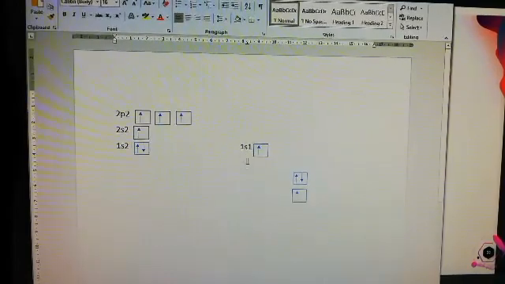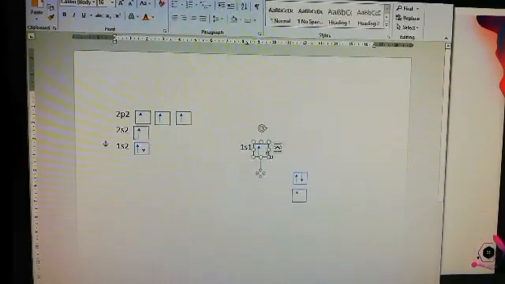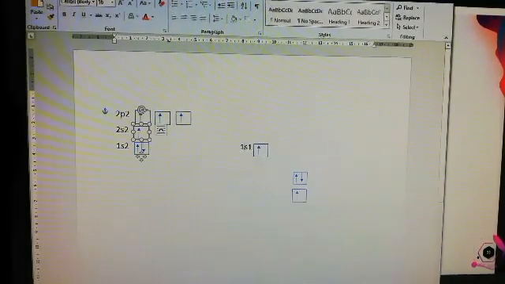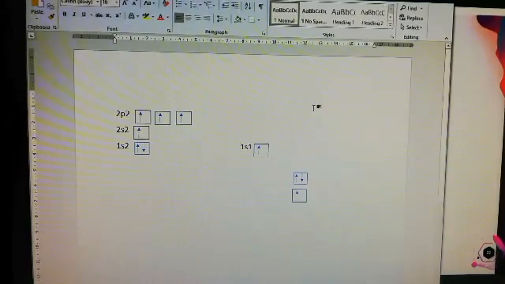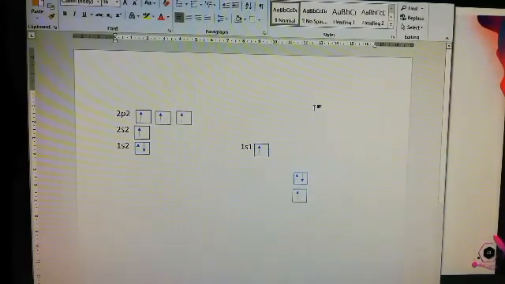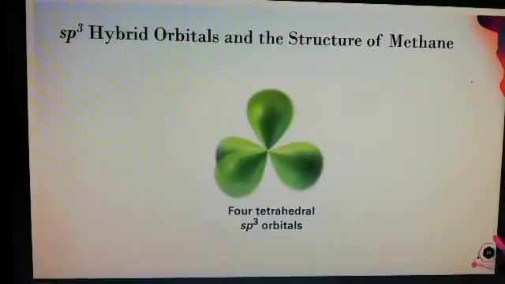Then, the hydrogen, ito, hydrogen yan. So, the hydrogen will come along and form a bond with the carbon, supplying an additional electron to make it stable. So, ito, pupunta, magbabond dito, another hydrogen magbabond din dito, here and here. Okay. So, that's the sp3 hybrid orbitals of methane.